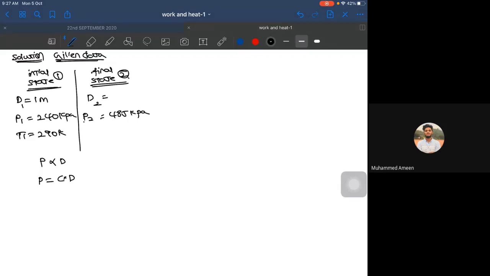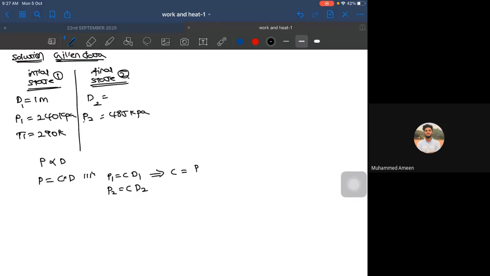So if I can write P is equal to C into D, I can similarly write P1 is equal to C into D1 and P2 is equal to C into D2. From this, what is C? It is P1 divided by D1.